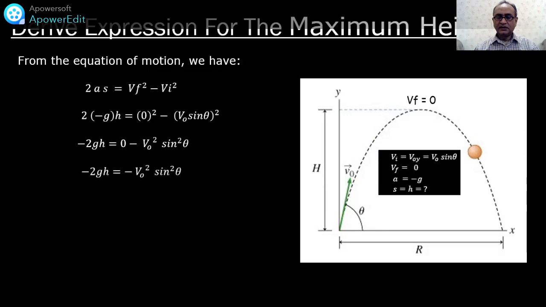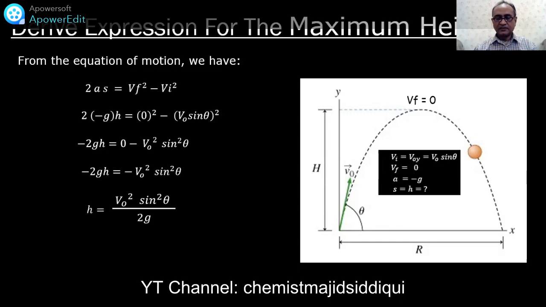Further simplifying, minus minus cancel, and since we want to find the value of h, 2 and g are transferred to the right side. This is the final equation for the maximum height of a projectile. So if the question is to derive an equation for the maximum height of a projectile, then the answer would end here.